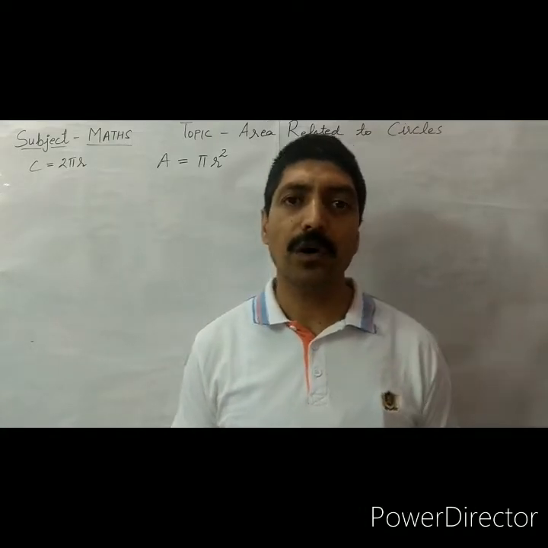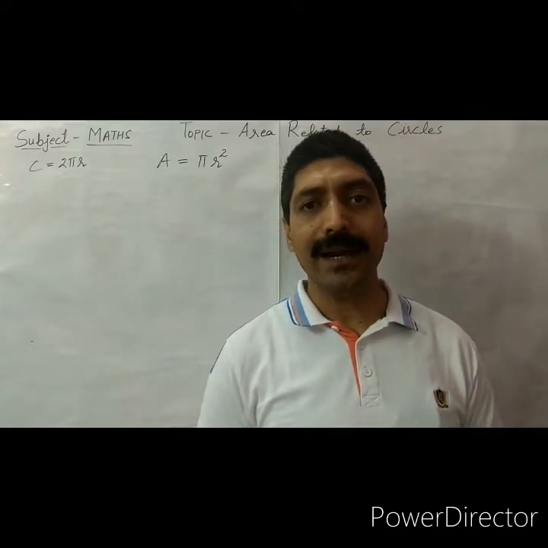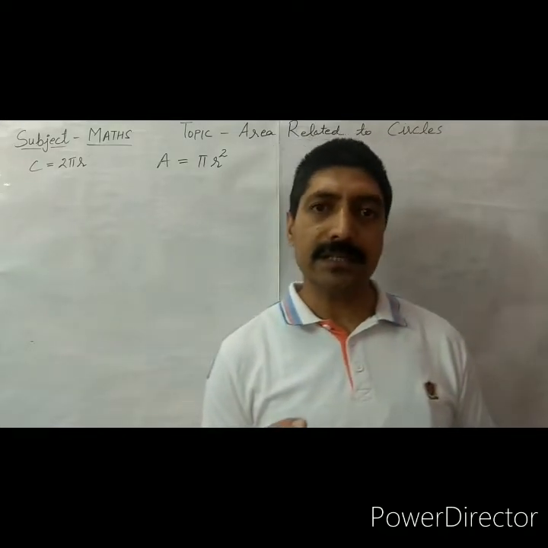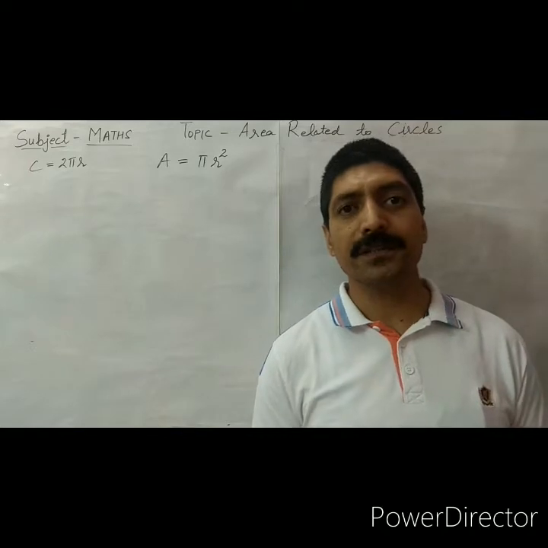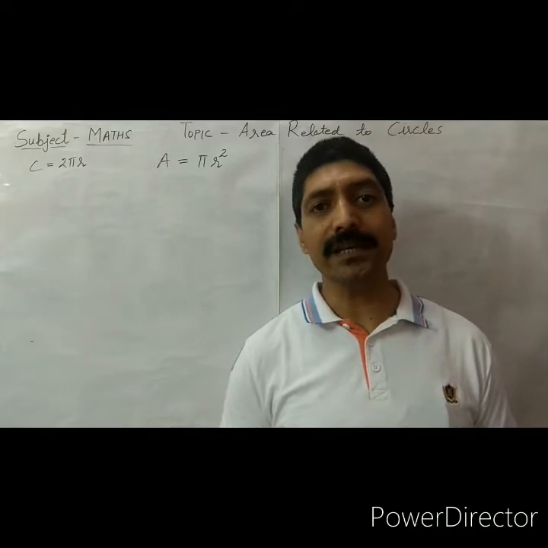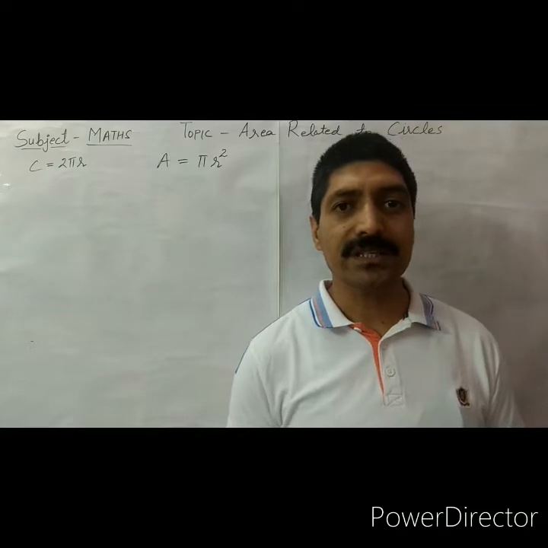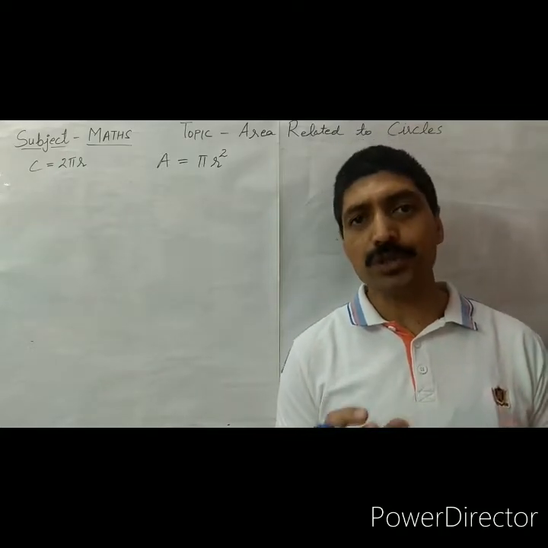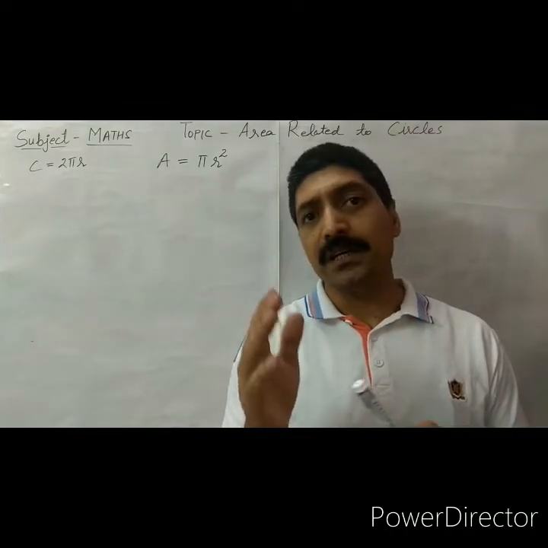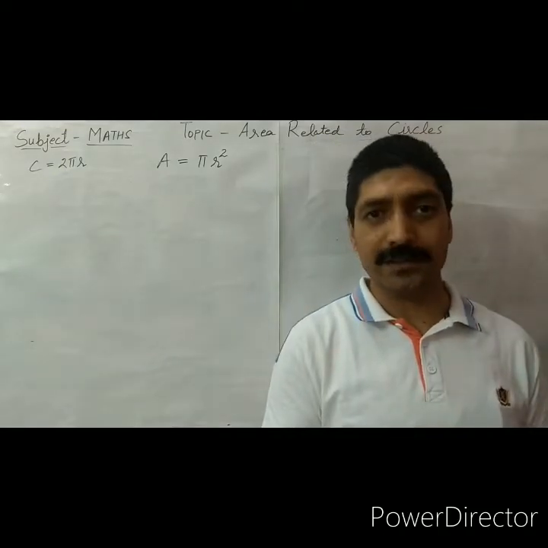In our lower classes, we have already come across the terms sector and segment. Sector is the portion of a circle enclosed by two radii and the corresponding arc, whereas the segment is the portion or the part of a circle which is enclosed by one chord and the corresponding arc.